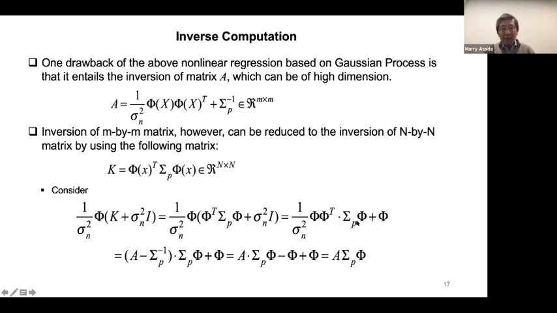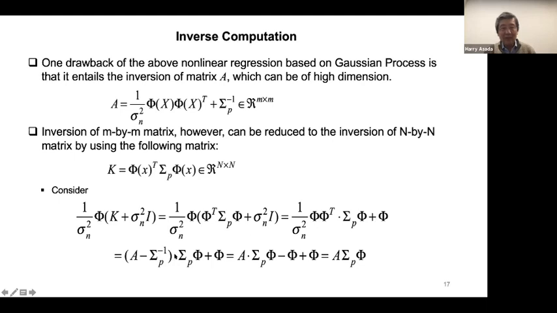If you look at this part, since the definition of A is this, this part is A minus Sigma_p inverse, right? So I put in here A minus Sigma_p inverse times this part.